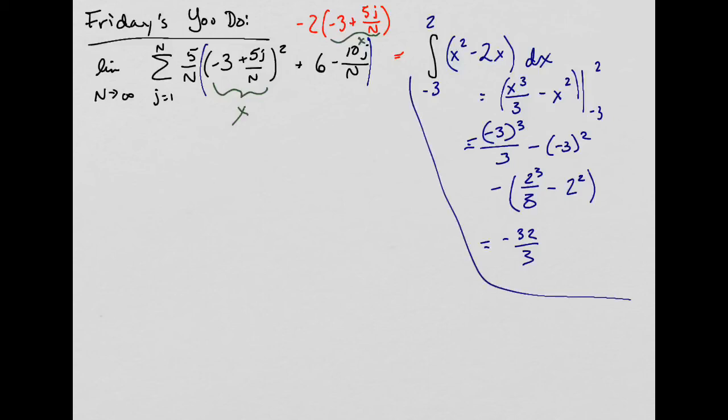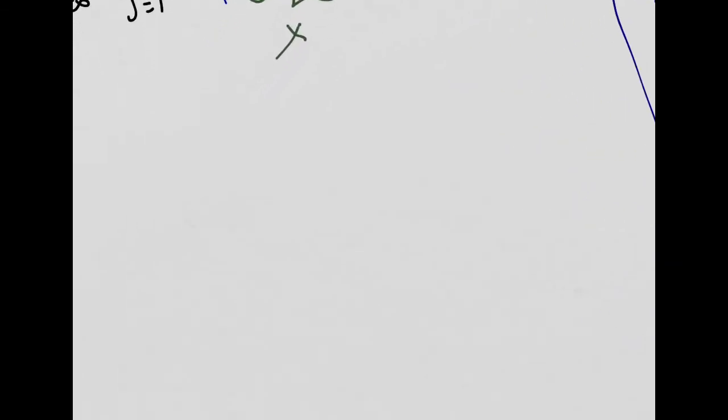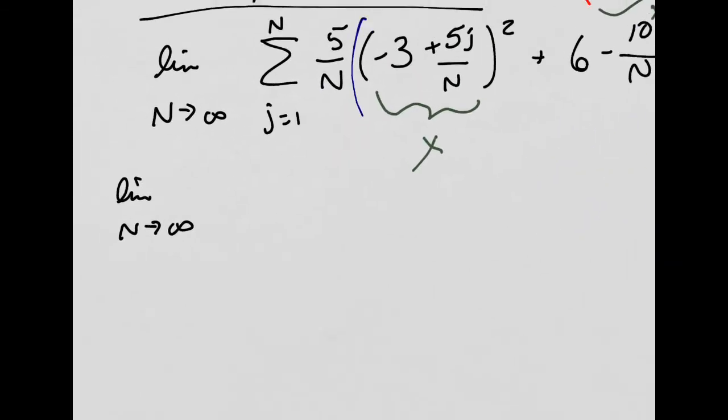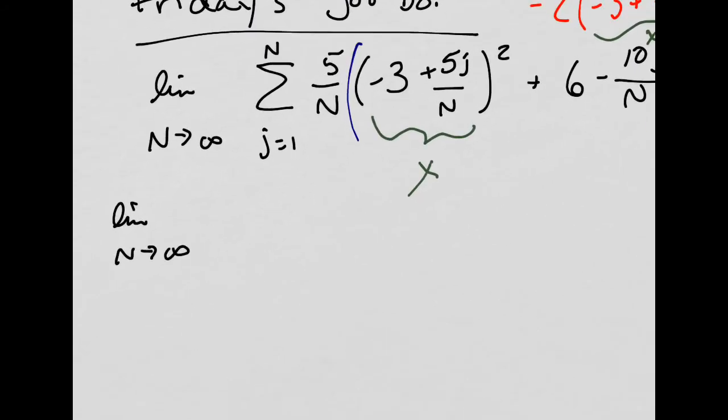But let's do this, but instead with the power sums. And so we're going to set this up. So the limit as n goes to infinity, and I'm going to zoom in so I have a little bit more room here, we're going to pull out that 5 over n. We're going to distribute this squared.